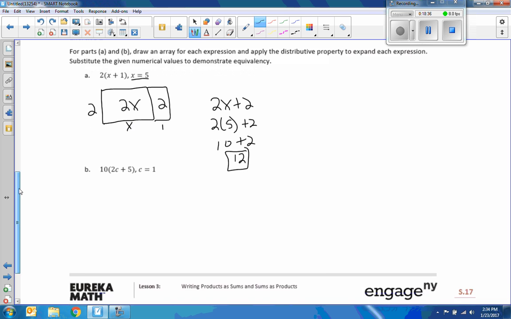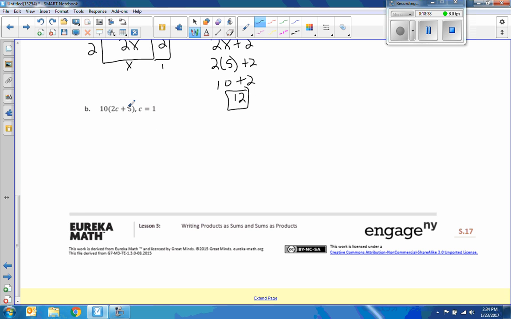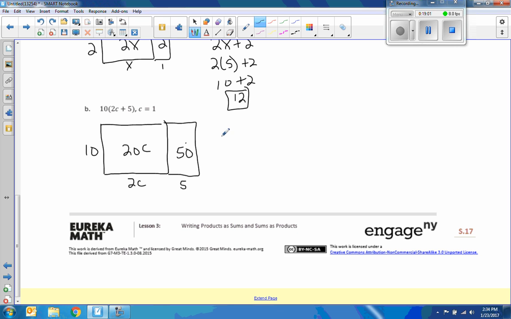Okay. Again, the number outside is our height, 10. Then we're going to call this piece 2c, and then we're going to call this piece 5. 10 times 2c, 20c. 10 times 5, 50. 20c plus 50.